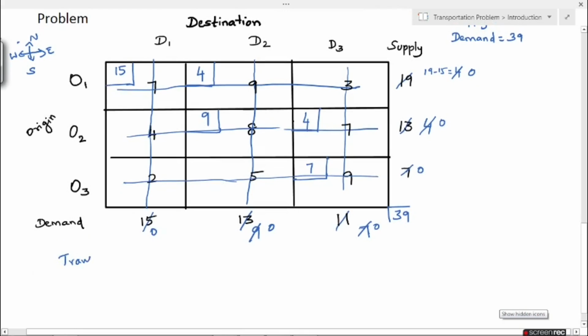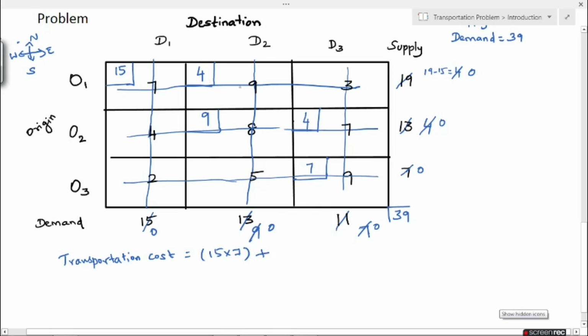The transportation cost is the number of units shipped multiplied by the cost price of the corresponding cell. Consider the first cell: allocation is 15 and cost value is 7, so we multiply 15 into 7. Allocation is nothing but the number of units that we shipped from origin to destination.